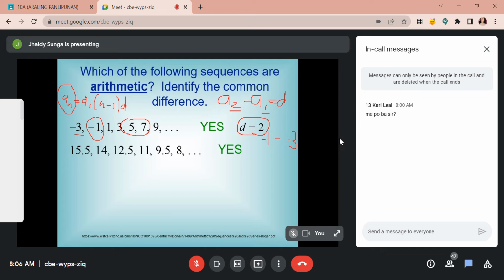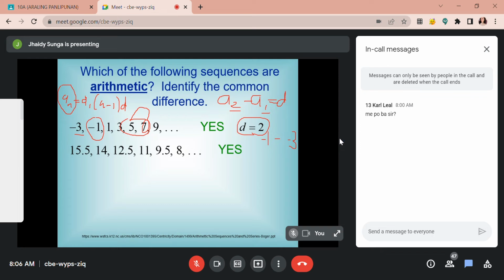So if we have 7, we'll be subtracting its previous term, 5, so 7 minus 5 would be 2. Carl Justin, are we good? So it's easy to follow, no?